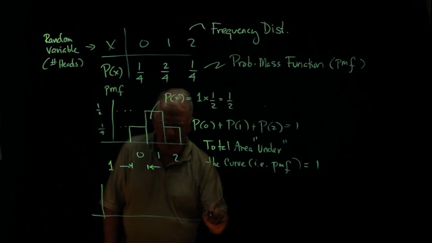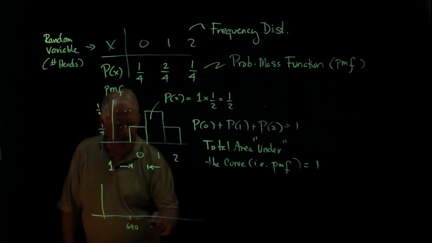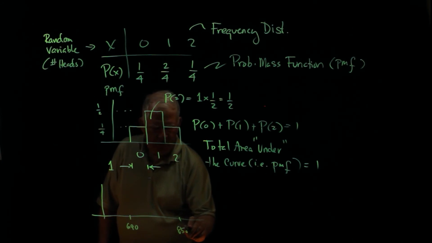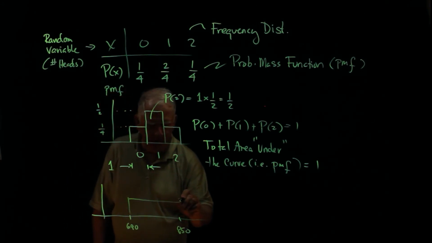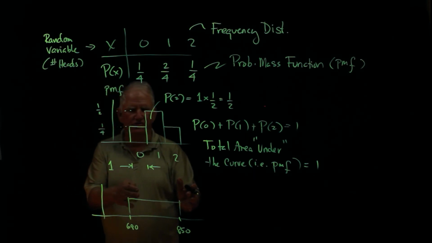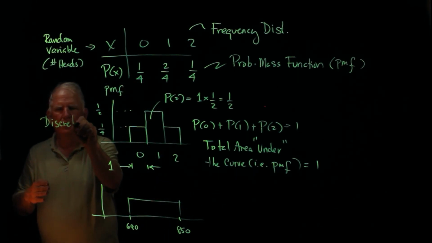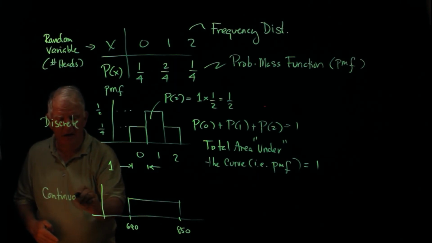The problem we were given says that all of the continuous numbers between 690 and 850 have an equal probability of occurrence. Okay? This function that I've just drawn, as I've moved from discrete to continuous, takes on a different name.